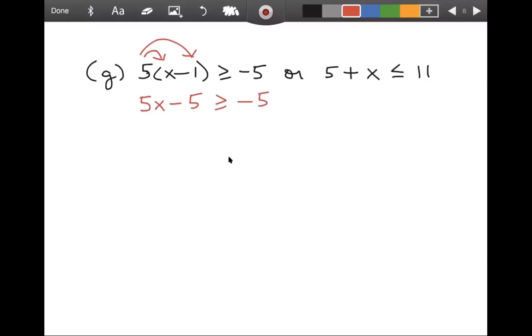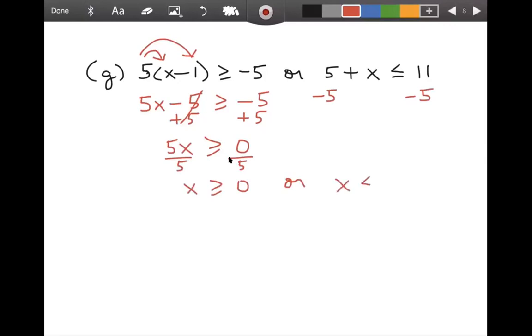I'm going to add 5 to both sides, which gives me 5x is greater than or equal to 0. And then finally, x is greater than or equal to 0. Okay, so x is either greater than or equal to 0, or this one's a lot easier, right? If I subtract 5 from both sides, I get x is less than or equal to 6.